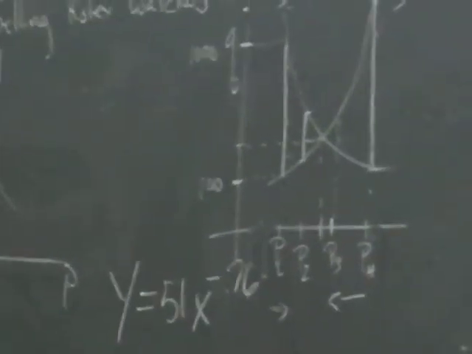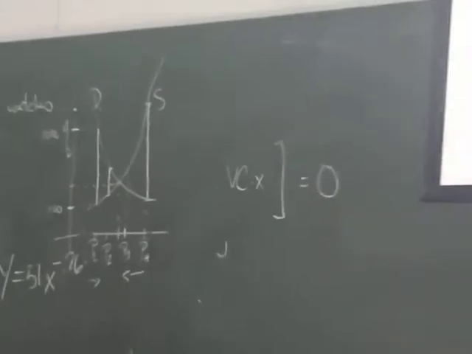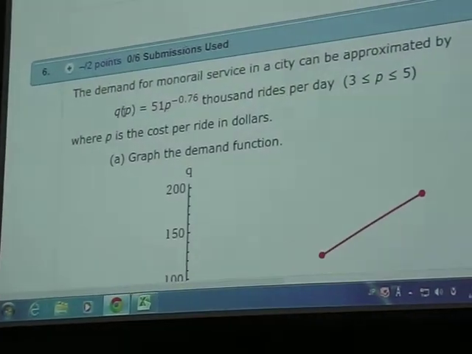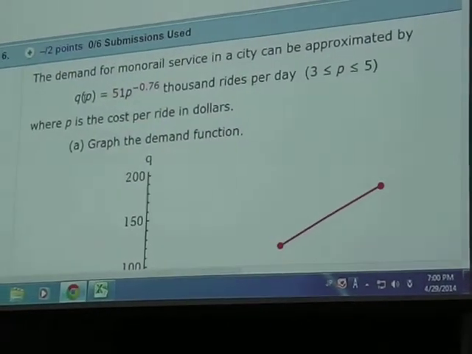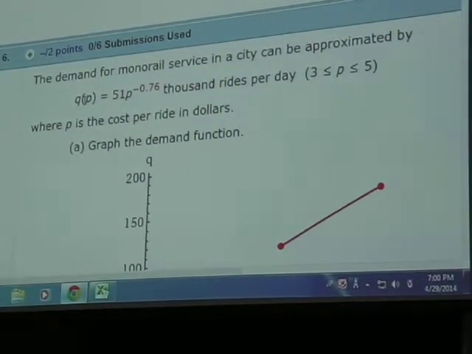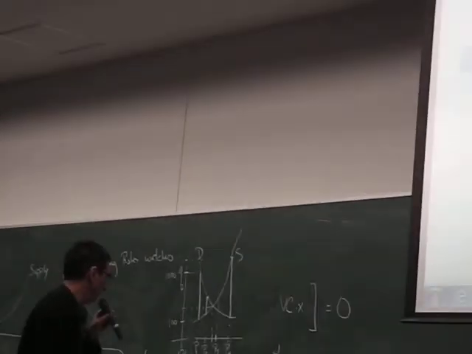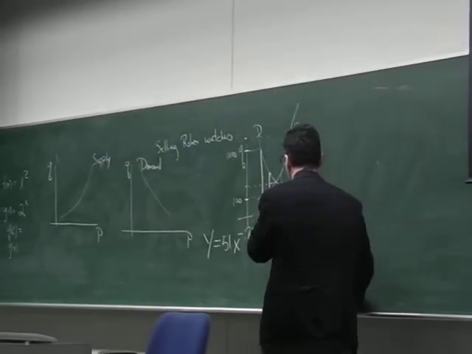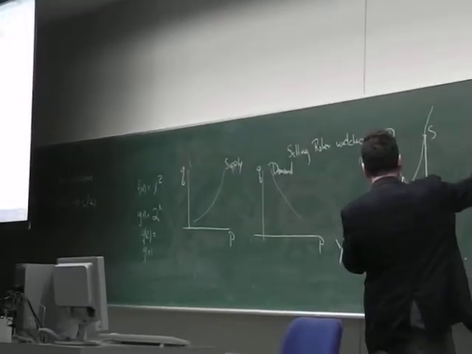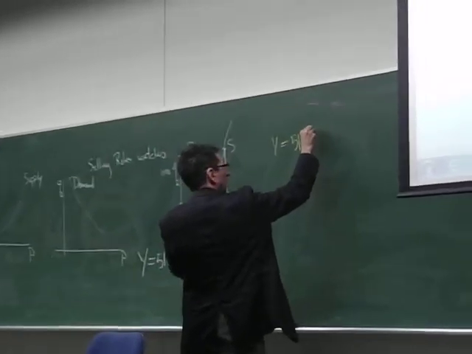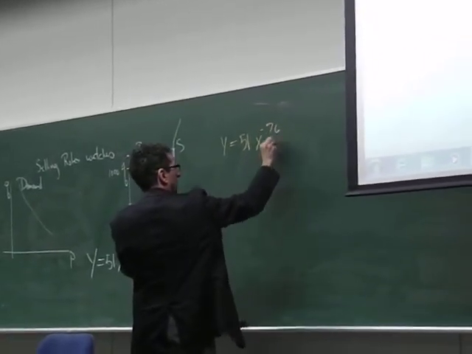Now, first of all, we expect that the demand function should be downward sloping. So I want to check, is it really downward sloping? So we have to think about it. What's the function again? Here it is. Y equals 51 x to the negative 0.76.